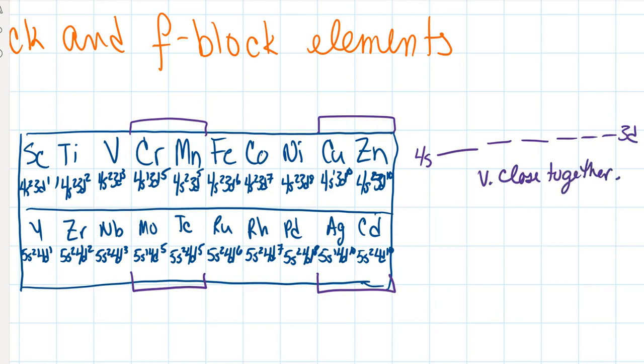And so what ends up happening is that once we fill up an orbital with electrons, the energy actually drops down a little bit. Same thing when an orbital is half filled.